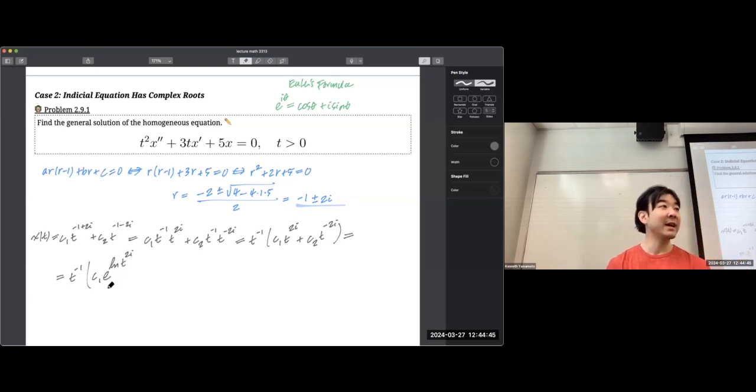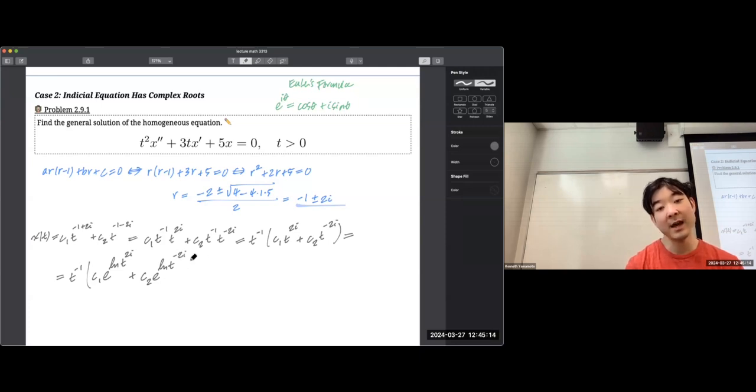I just take the ln of t to the 2i, but undo it by doing the exponential. So this e to the ln of t to the 2i is the same as just t to the 2i, because e and ln are inverses of each other. Same idea with this right here, e to the ln of t raised to the negative 2i.